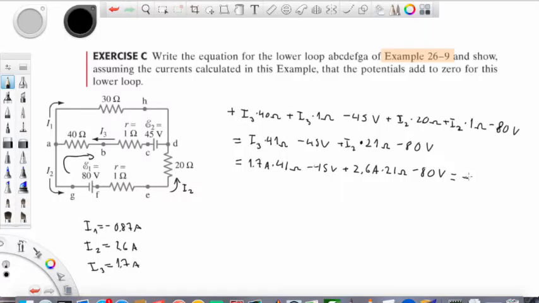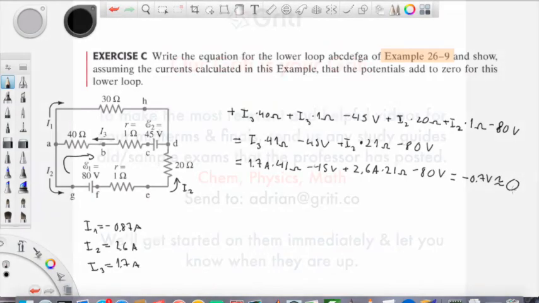We get minus 0.7 volts. But this is only because we dropped some decimals out of these current values. If you do it with accurate numbers, you will indeed get 0.